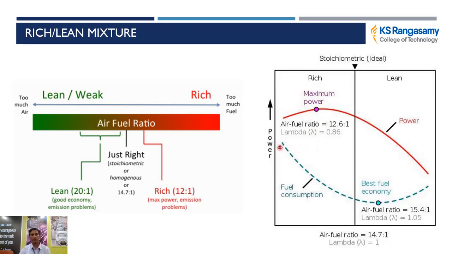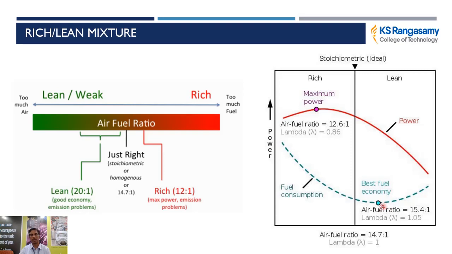For economical fuel consumption, we use an air fuel ratio greater than the stoichiometric air fuel ratio, that is 15.4 to 1, where we can get very good fuel economy. That means we have less consumption of fuel and get better mileage.